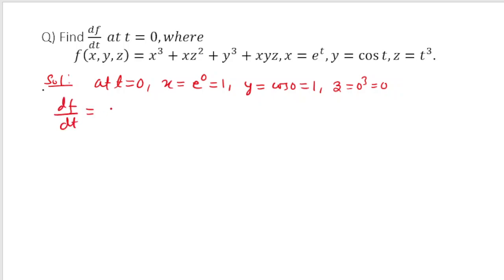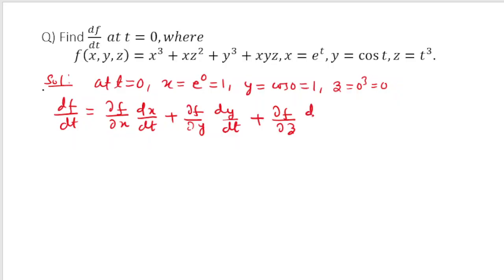So again, using the chain rule, I can write it as del f by del x and then dx by dt, plus del f by del y and dy by dt, plus del f by del z and dz by dt.